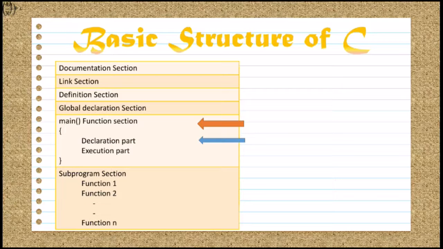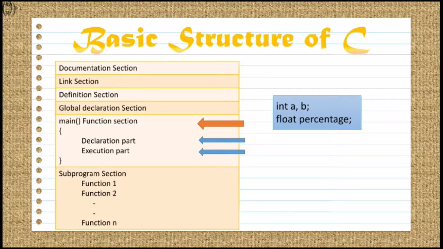So a variable which we want to use in the program must be declared in the declaration part. For example, int a comma b semicolon, float percentage semicolon. So in this way we will declare variables in the declaration part.